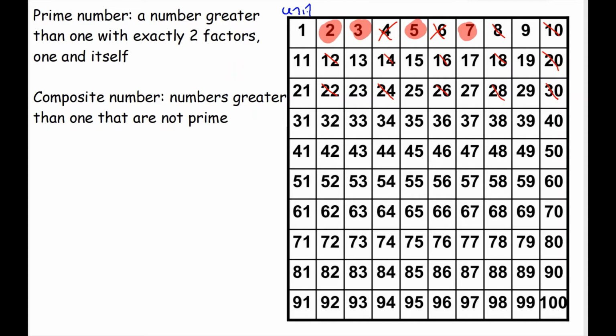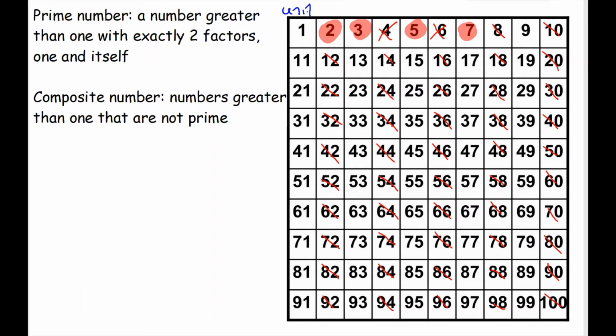I'm seeing a pattern here. You might notice that the numbers that are crossed off are all composite numbers, okay? And all the numbers are in a column under the 2, 4, 6, 8, and 10. So all of these numbers are composite numbers because I can divide them by 2. I'm going to go ahead and get those all crossed off.